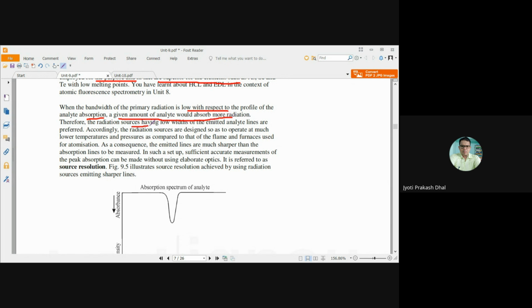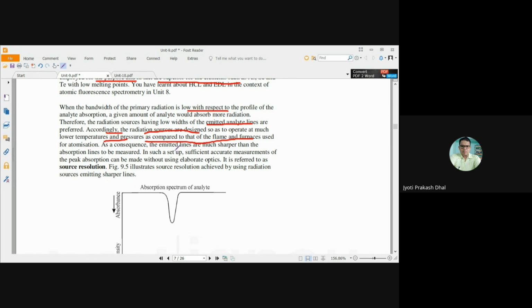Therefore, radiation sources having low width of emitted analyte lines are preferred. Accordingly, the radiation sources are designed to operate at much lower temperature and pressure as compared to that of the flame and furnace used for the atomization process.